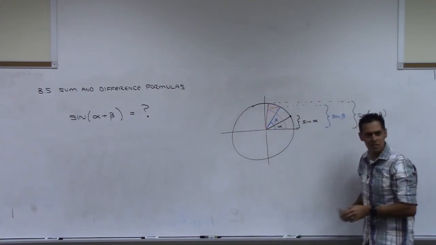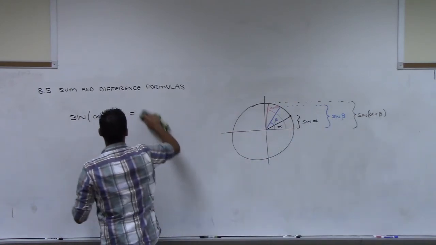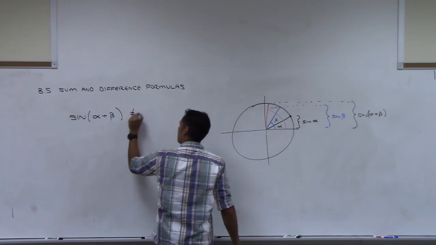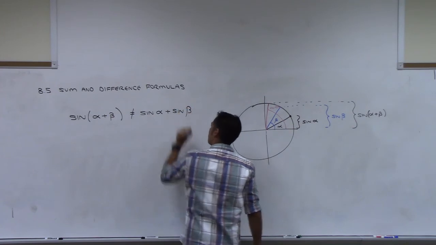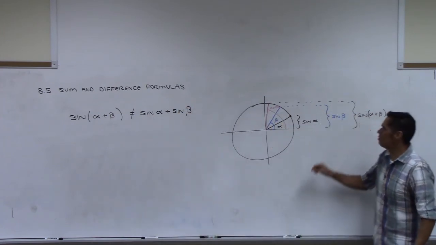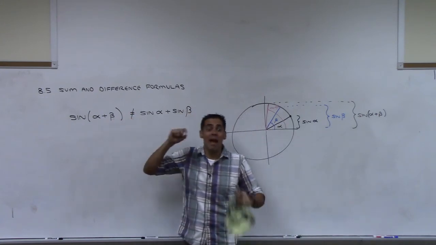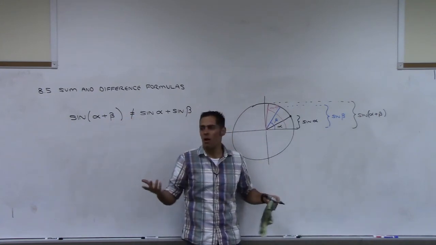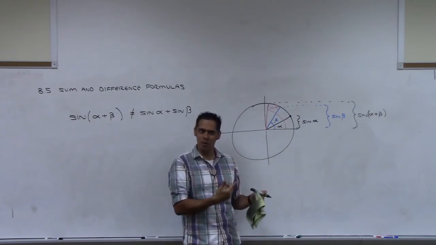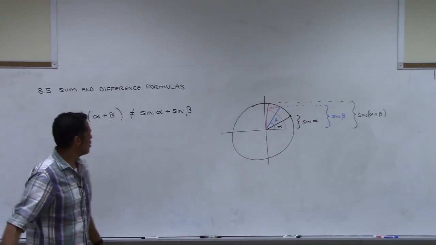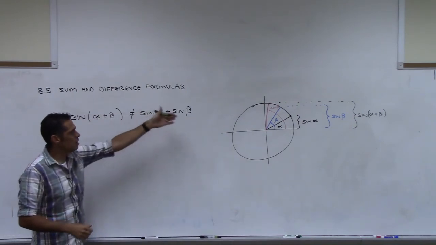No, it doesn't look like it. This does not appear to be sine of alpha plus sine of beta, does it? If you add the angles together, you don't just add the y-coordinates together to get the new y-coordinate. That does not work. Do you all agree with the picture? So the question is, is there a relationship between these and those?